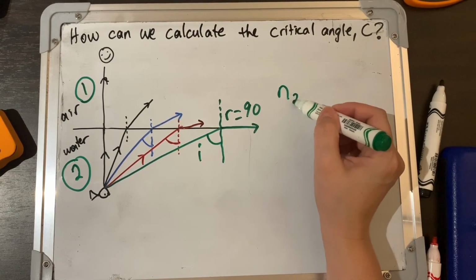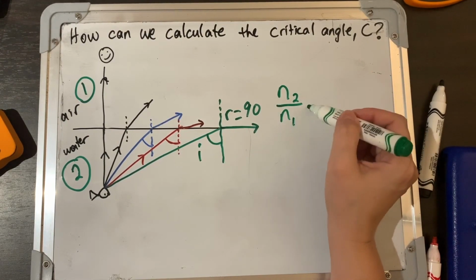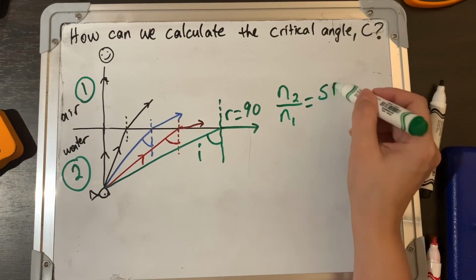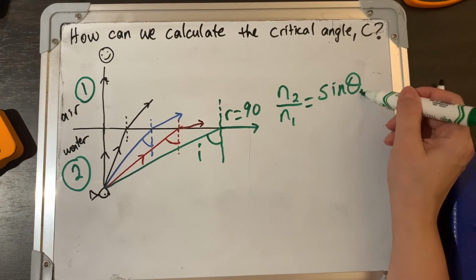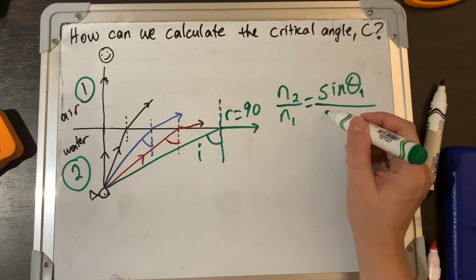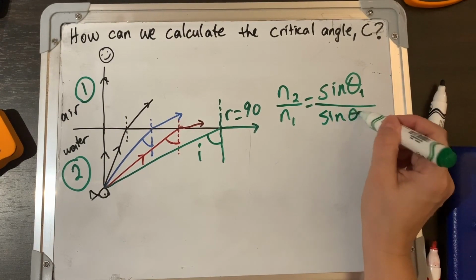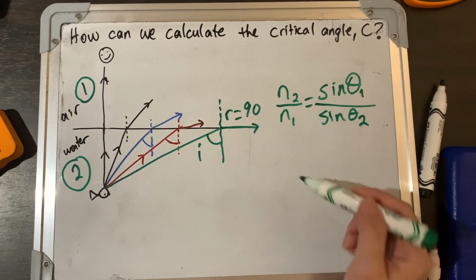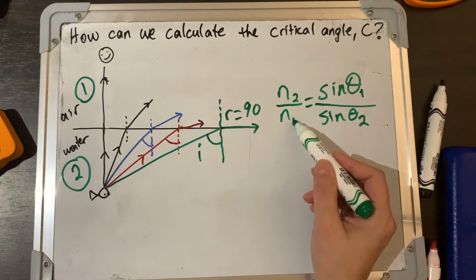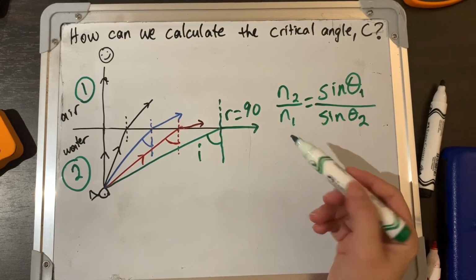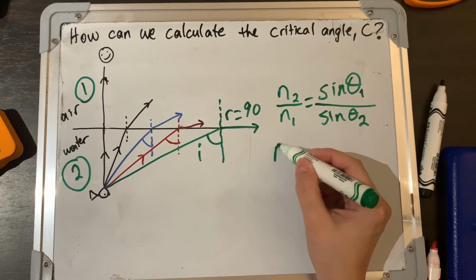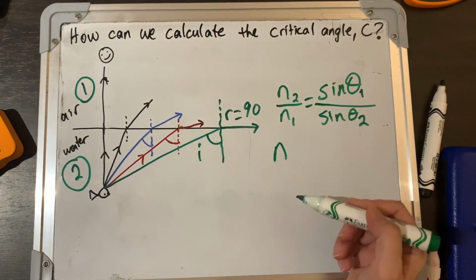We learned that n2 over n1 equals sine of the angle in medium 1 over sine of the angle in medium 2. Since air is our medium 1, n1 is equal to 1, and n2 is the index of refraction of water.